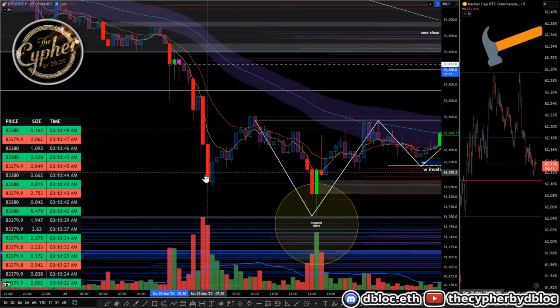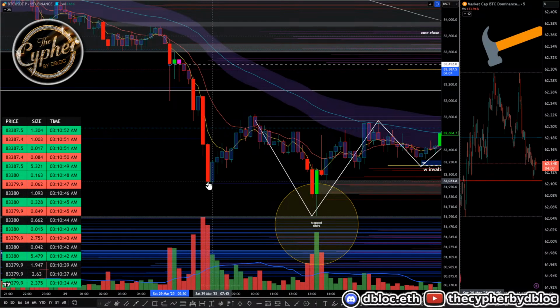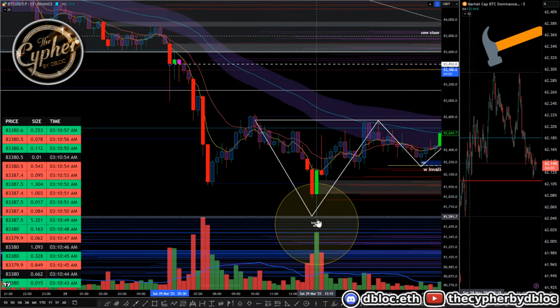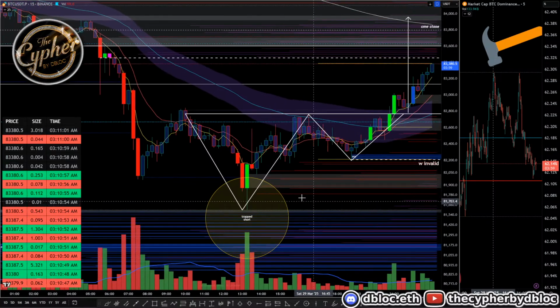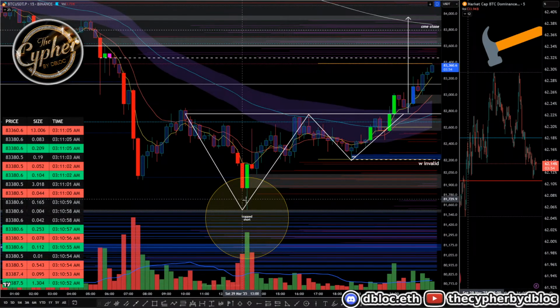Then it comes down and you see it wasn't a stopping volume candle. That's not great, not biting at that. This one either. And then boom, you get this one. You're like, okay, we might be in the start of something. We're seeing some increased buying pressure that wasn't there before.